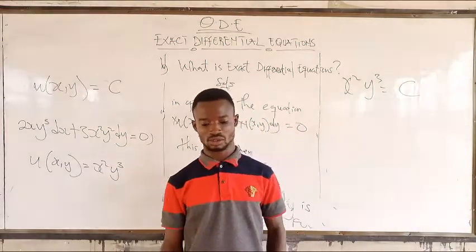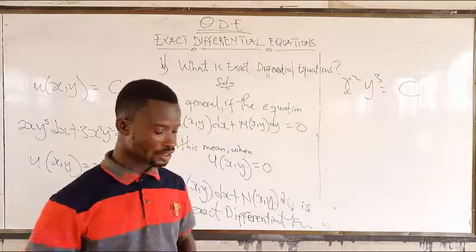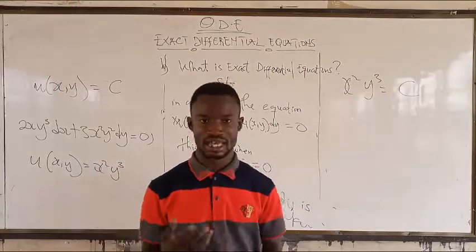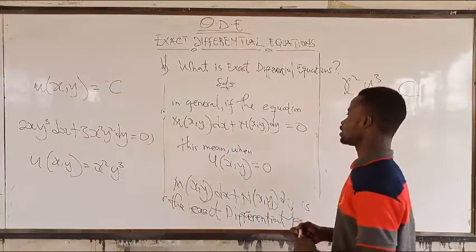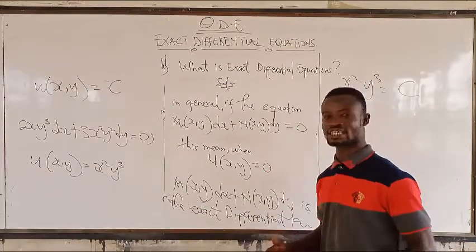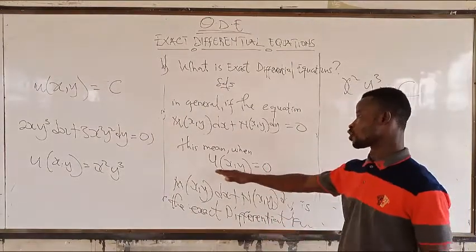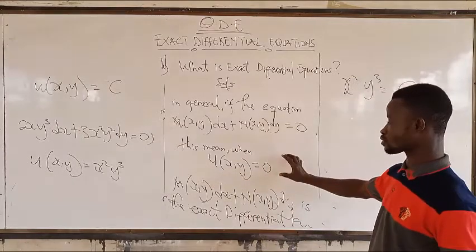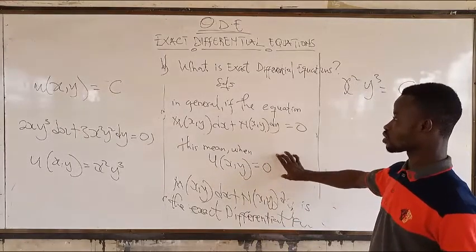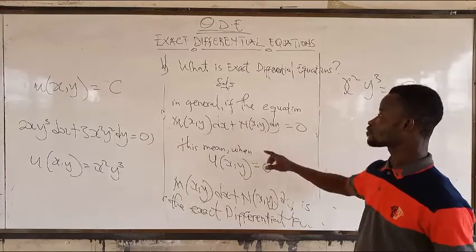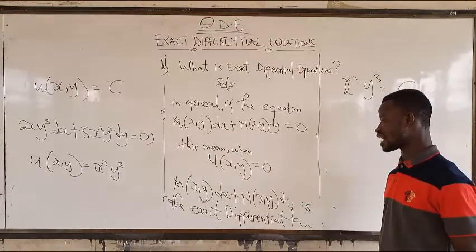All right, so you can try this. I hope it's clear. I'm repeating again: when you set the function u with respect to x and y to be equal to 0, this gives the exact differential equation.